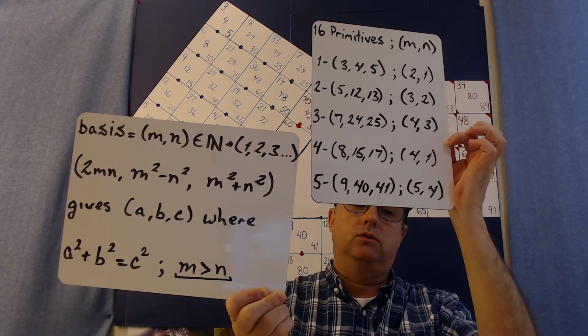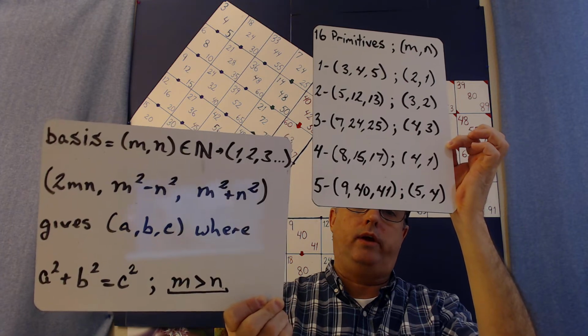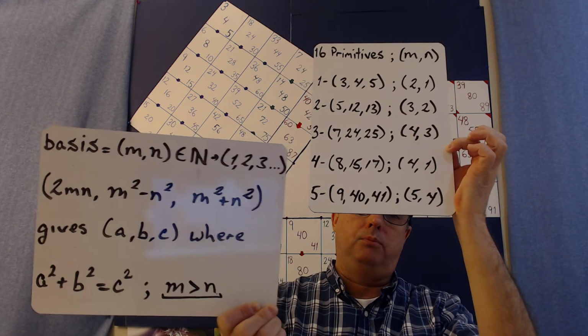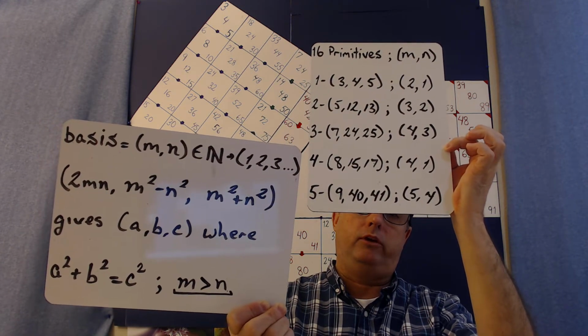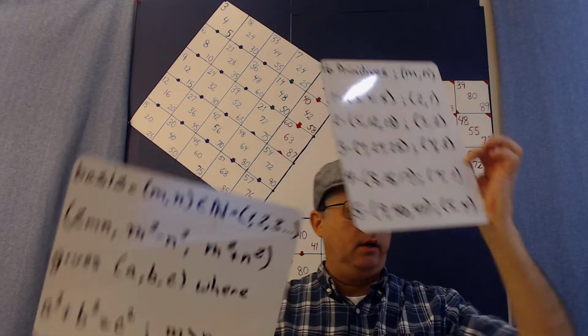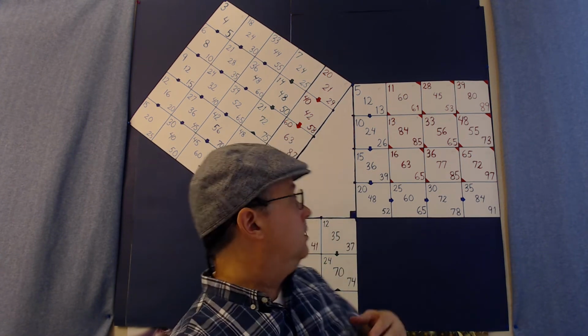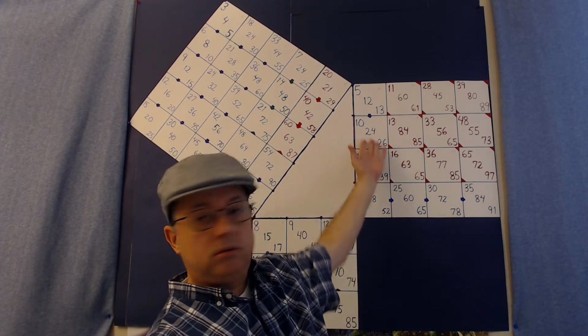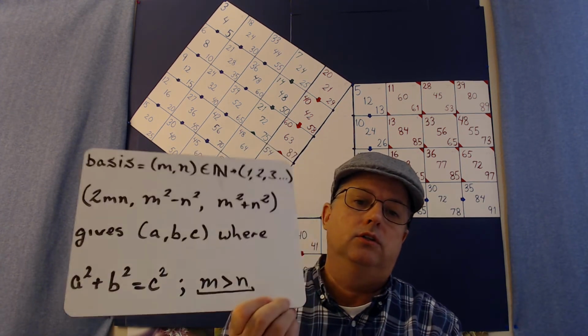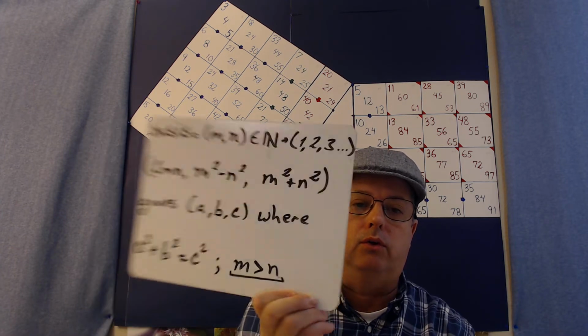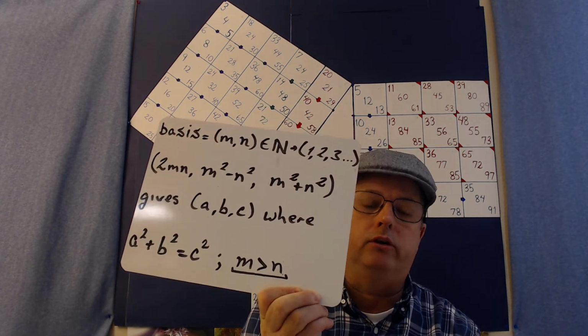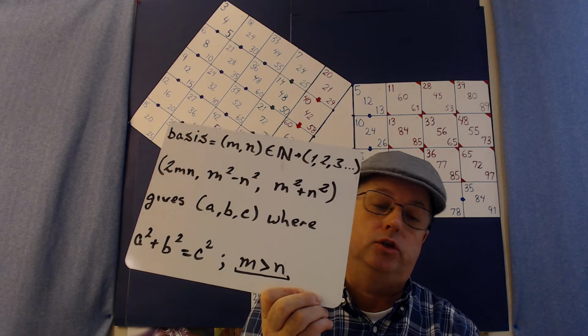So this formula will generate all the primitive Pythagorean triples that can be imagined, and then of course once you have all the primitives generated, the multiples come from those. Now this formula does generate other Pythagorean triples than just the primitives.